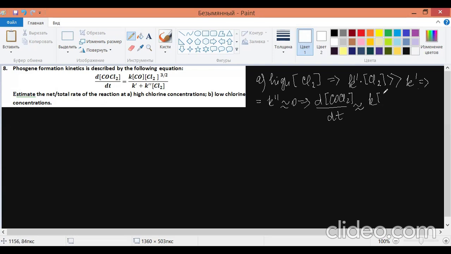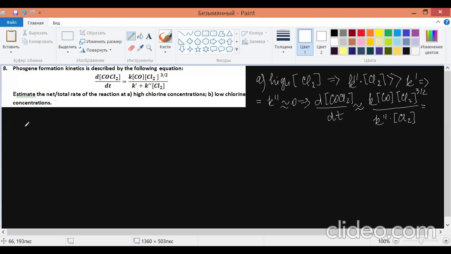K times CO concentration times chlorine concentration raised to 3/2 over K double prime concentration of chlorine.